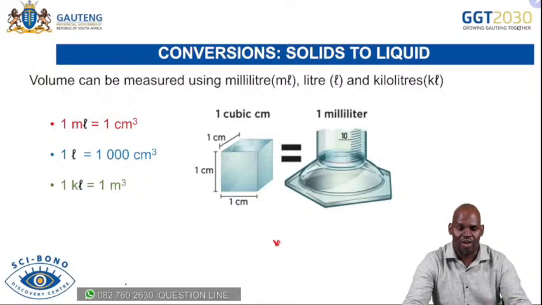Now, if you look at the conversion factors, we've got 1 milliliter is equal to 1 cubic centimeter. If you think about the size of an ice cube, if the size of an ice cube is 1 cubic centimeter and then it melts, it's going to give you 1 milliliter of water.